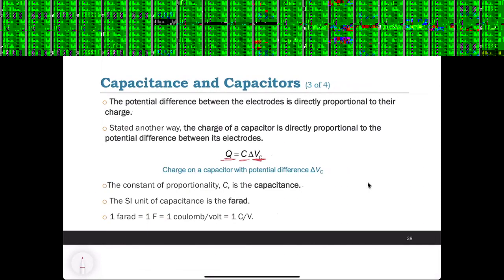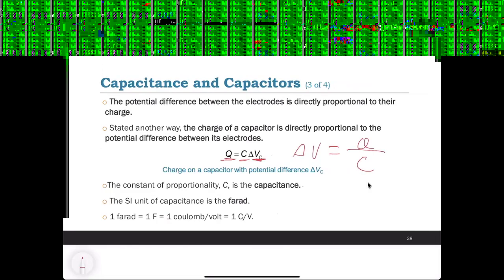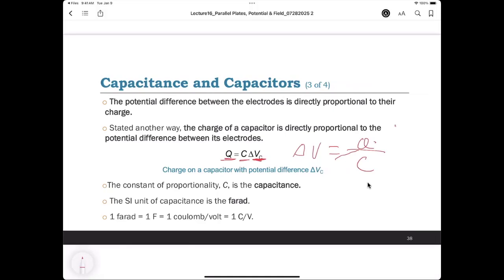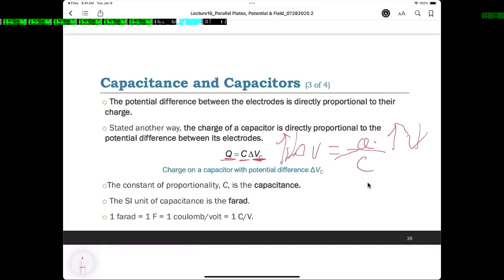So the potential difference equals Q divided by C, right? It is directly proportional to the charge. If the charge is increased, the potential difference will increase. If the charge decreases, the potential difference will decrease.